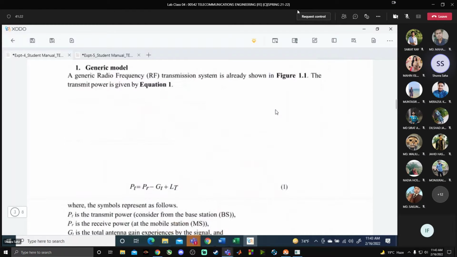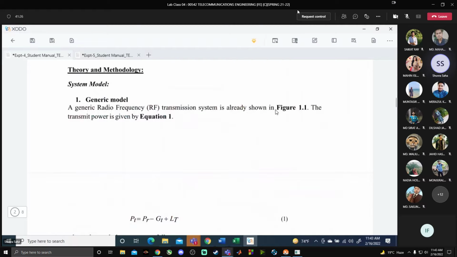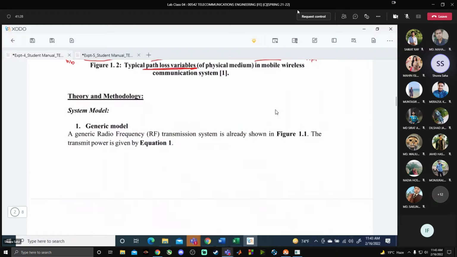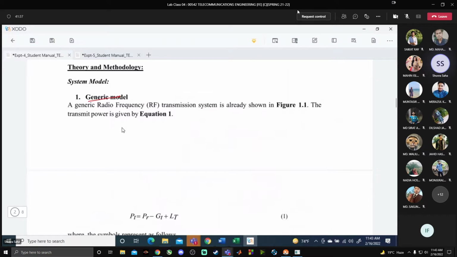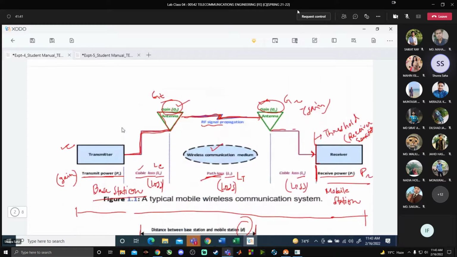Now we will have a look at the propagation models. To understand the propagation models, first we have to understand the generic model, the basic model. Let me develop the generic model from here.